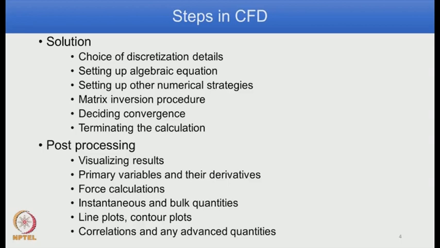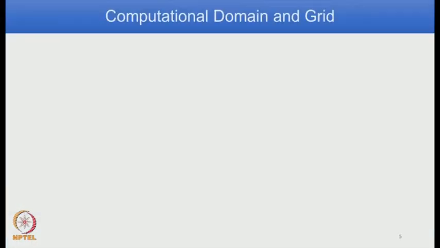So, we understand there are 3 main stages: pre processing, solution and post processing. In this course we are going to particularly look at sub topics in each of these 3 main stages. The first one is the pre processing.